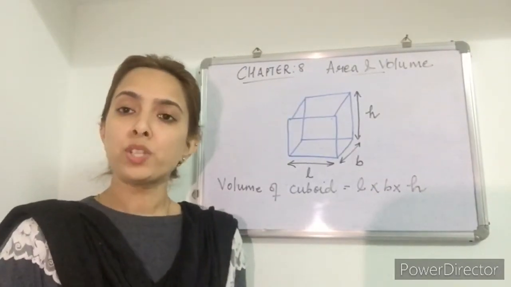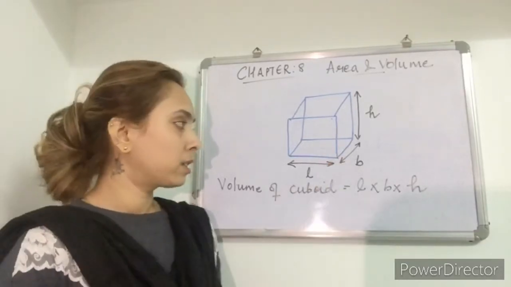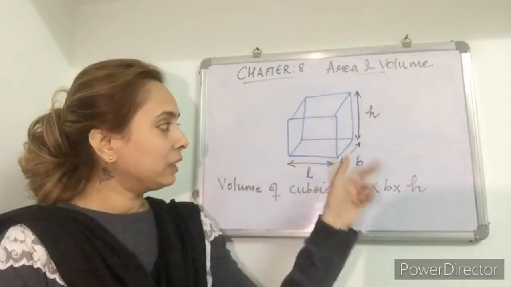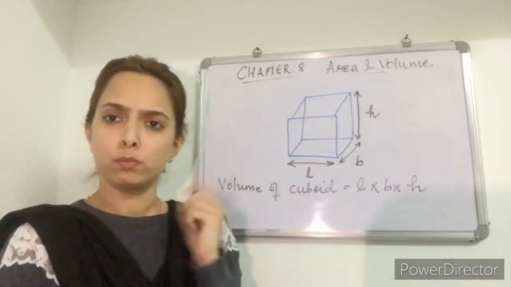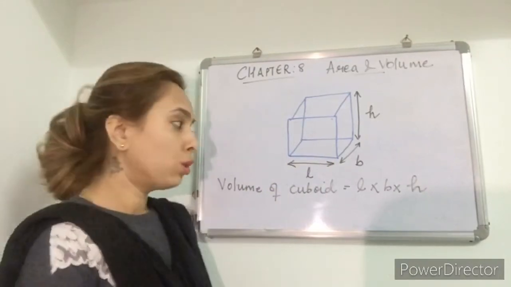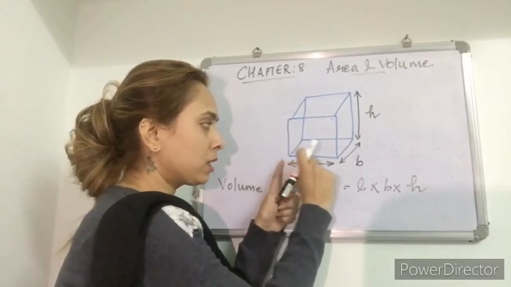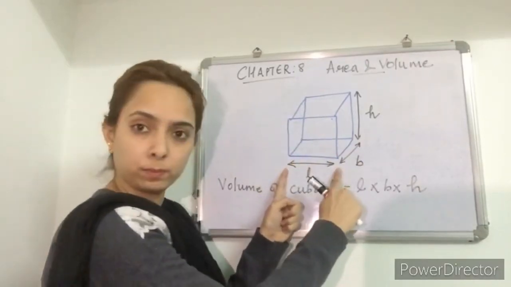Now, the easiest way to find out the length, breadth and height is this. This is a cube or cuboid given to us. So we will always say that this portion will be the length.